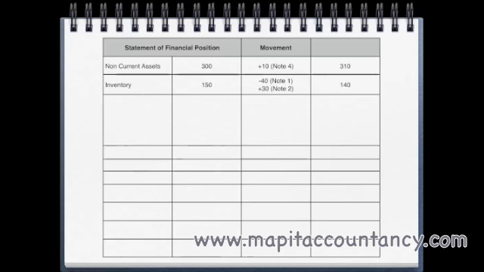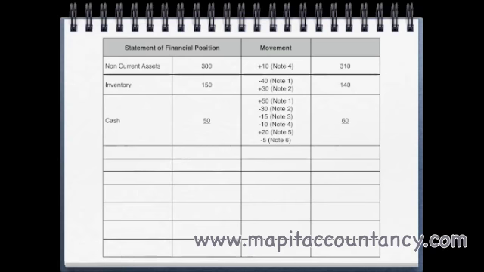Well, for his statement of financial position, for his assets, he started off with 300. We added 10 in because he bought a new asset in note 4, taking it up to 310. For inventory, well, he sold some inventory and he bought some. So it was less 40 plus 30. So that leaves us with 140. And the cash of 50, well, there was a lot of things happened with cash.